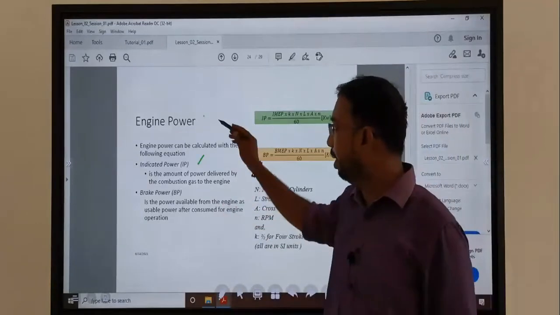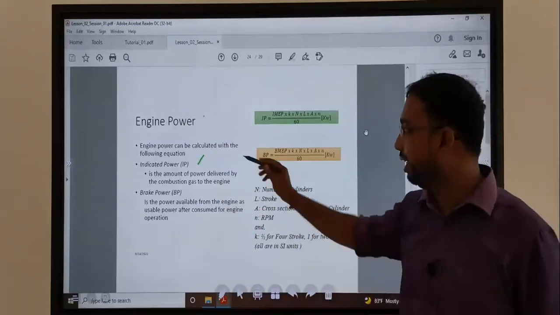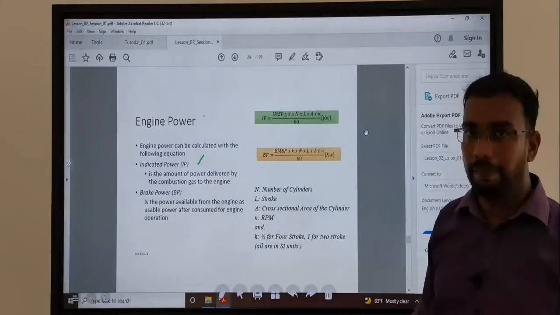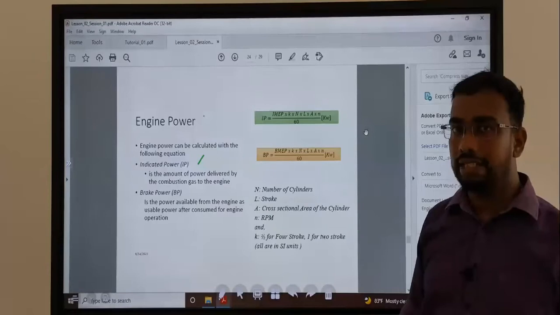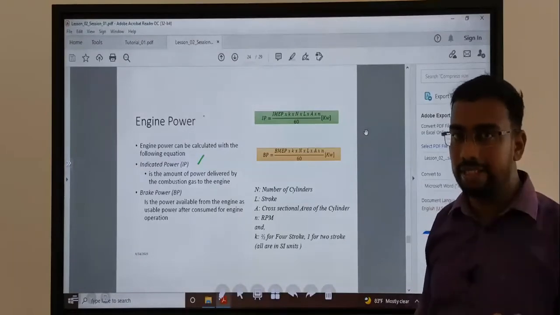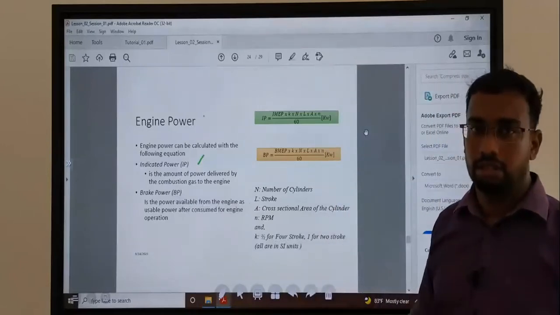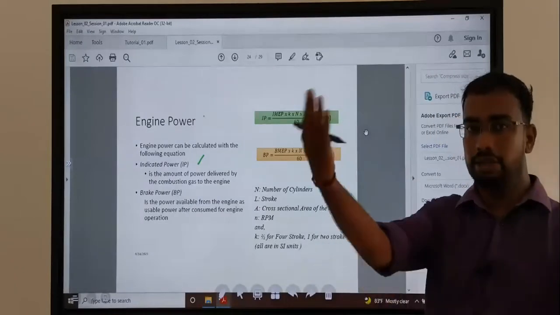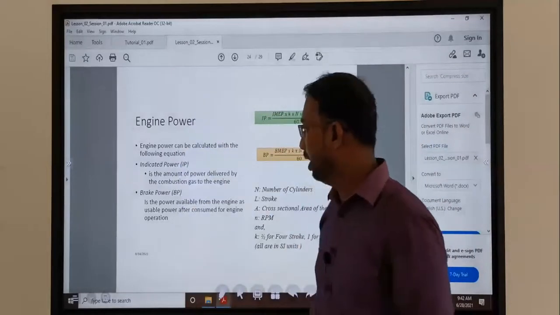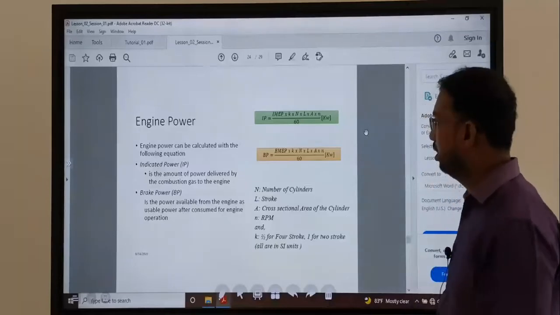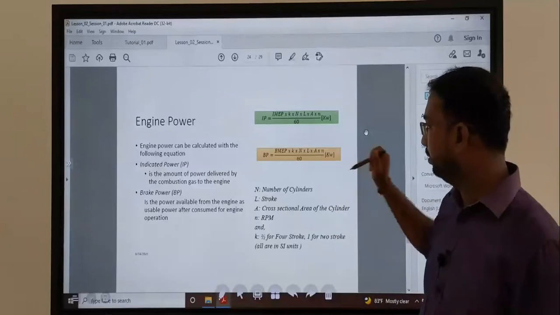After some amount of indicated power is used for engine operation, the remaining power is delivered from the engine. We call that the engine power. So actually the engine power means brake power: the final power the engine can produce to the outside. That is called brake power. So here this is indicated power and this is brake power.